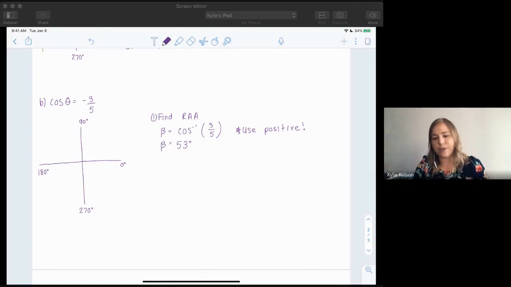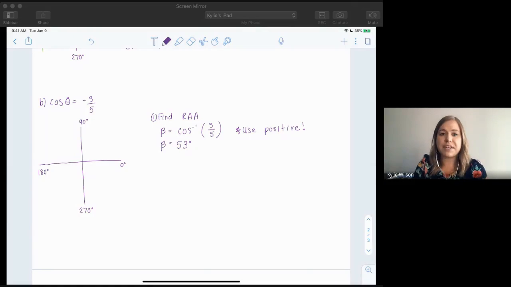I don't know who decided beta, but that's what they decided. For consistency, I want to make sure that if you saw beta in this situation, you know what it's referring to. All right, so we have a related acute angle of 53 degrees.